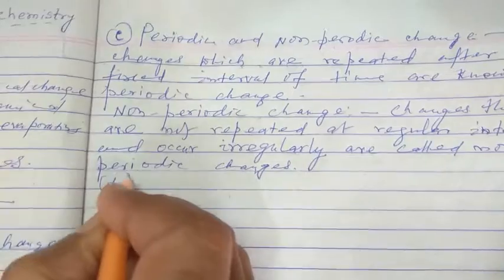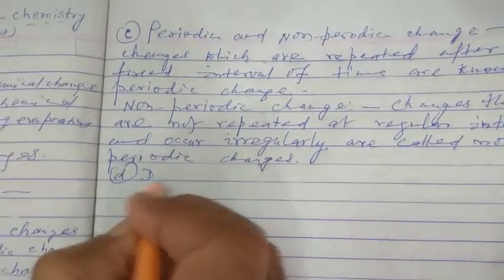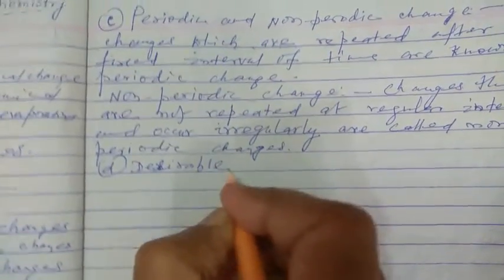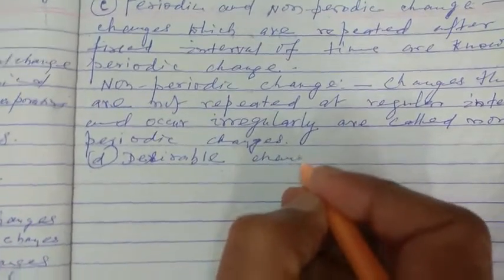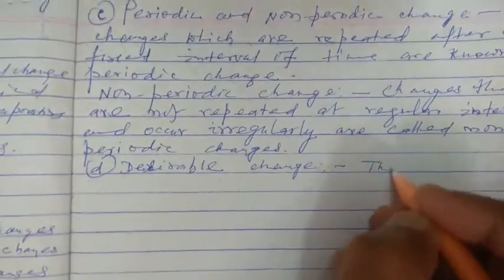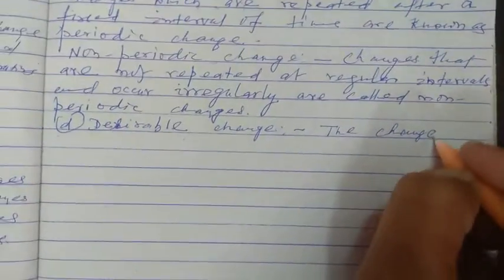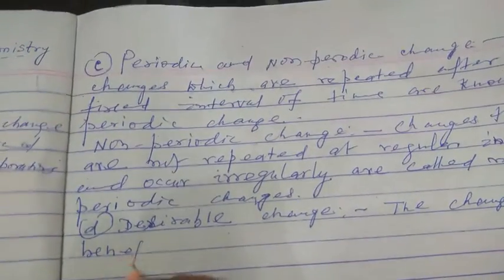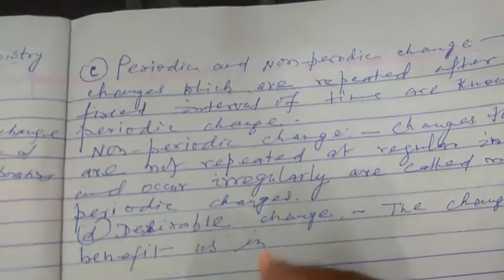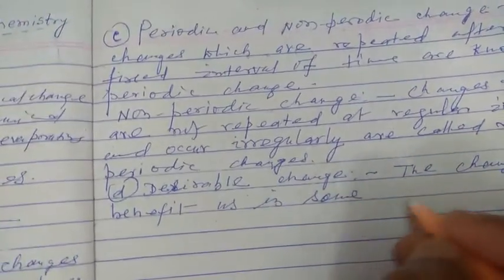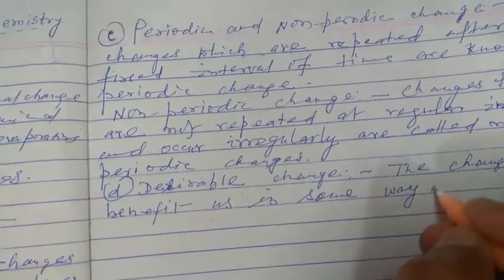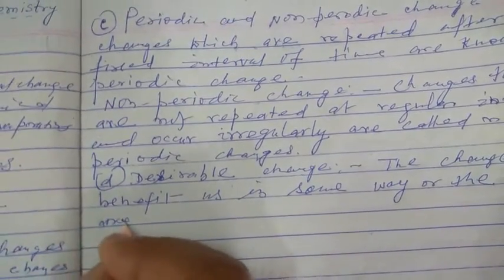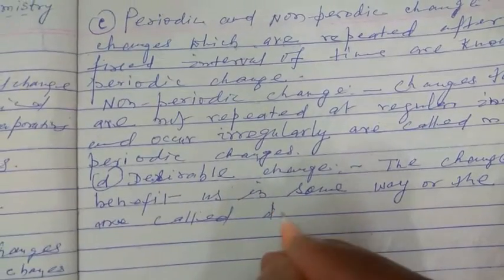Next is desirable and undesirable changes. Desirable change. Those changes which benefit us in some way or the other are called desirable change.